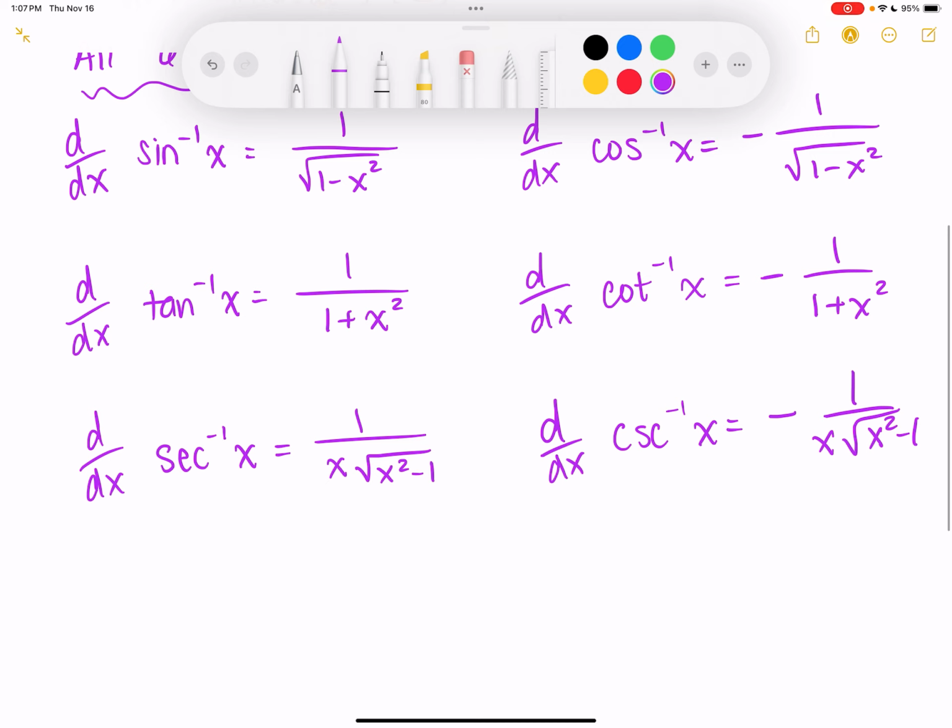So, next thing, I'm going to basically explain the derivative of arc sine, which is also known as the inverse sine.